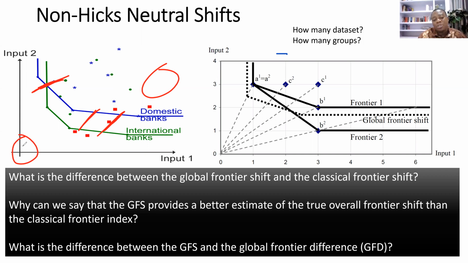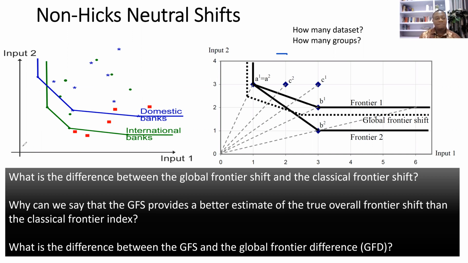Because the green one is more towards the origin, if we calculate these scores, the frontier for the green one is going to be better than the frontier for the blue one in terms of groups, because these are for groups. I hope that is clear. All right. And please note, this is so powerful that it is a representation of productivity. That's what I want you to note. We speak of this as a measure of productivity because the measurement is global.